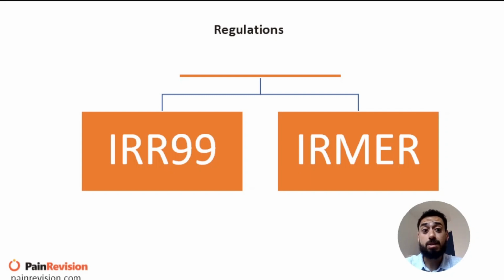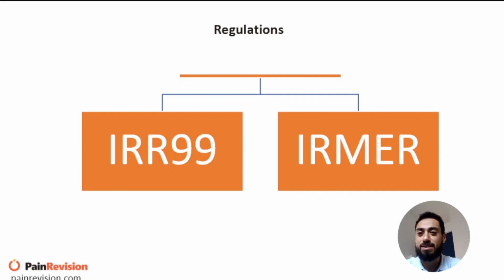And because it is something that has risk, obviously there will be regulations for that. The main two are the IRR 99. 99 just refers to the year it was produced, so 1999. So that is the Ionising Radiation Regulations. And the other one is IRMER, which you will recognize if you do your mandatory trust induction.